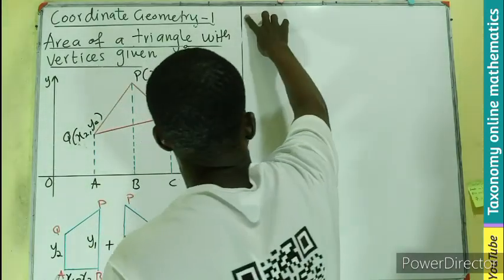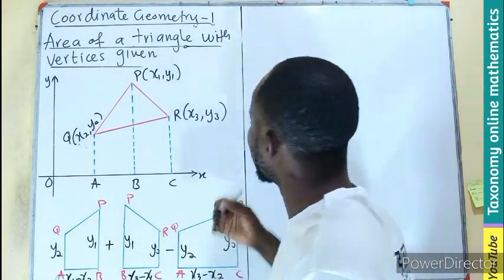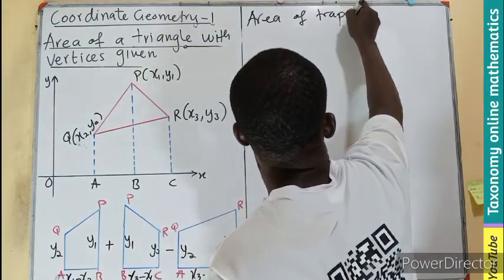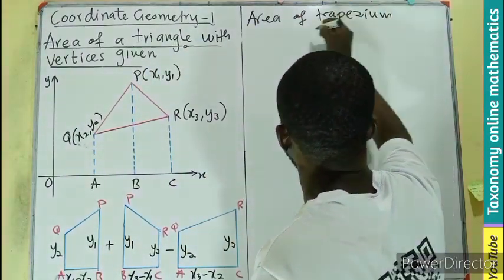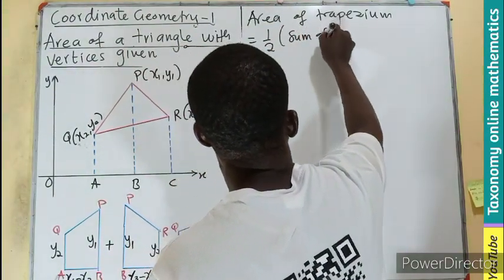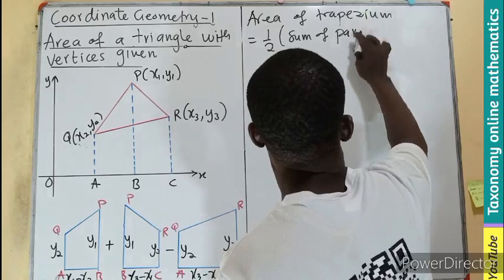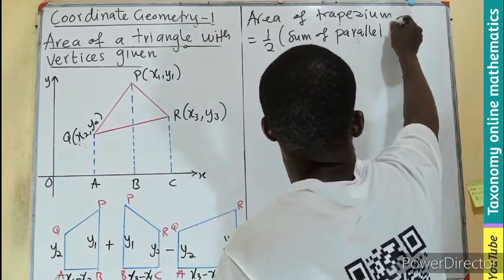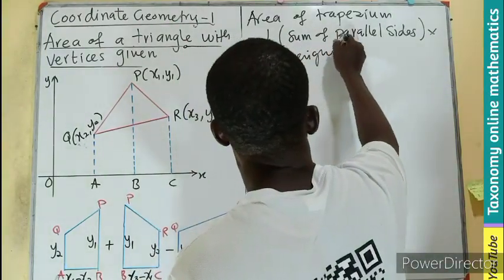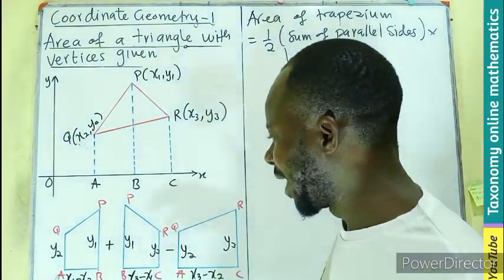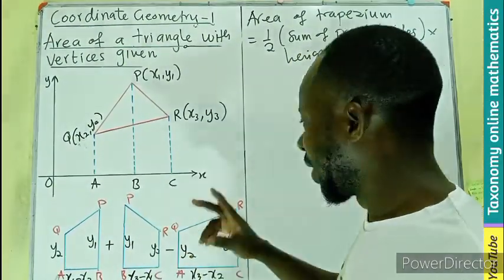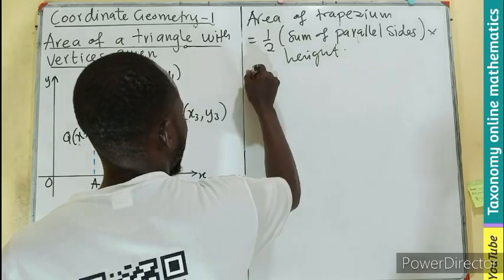So let's recall the area of a trapezium. The area of a trapezium is given by half the sum of the parallel sides times the height. So I'm taking this as the first trapezium, trapezium 1.